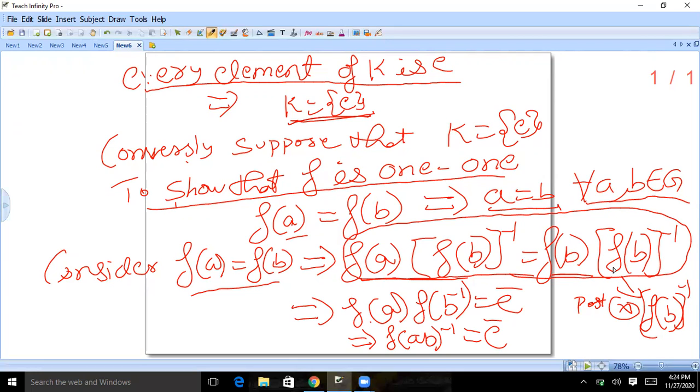Therefore we can write f of a b whole inverse is equal to e bar.